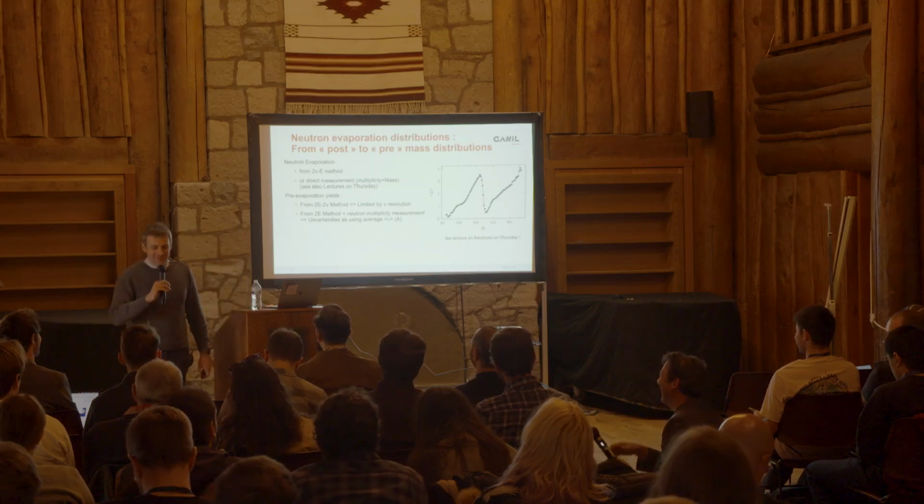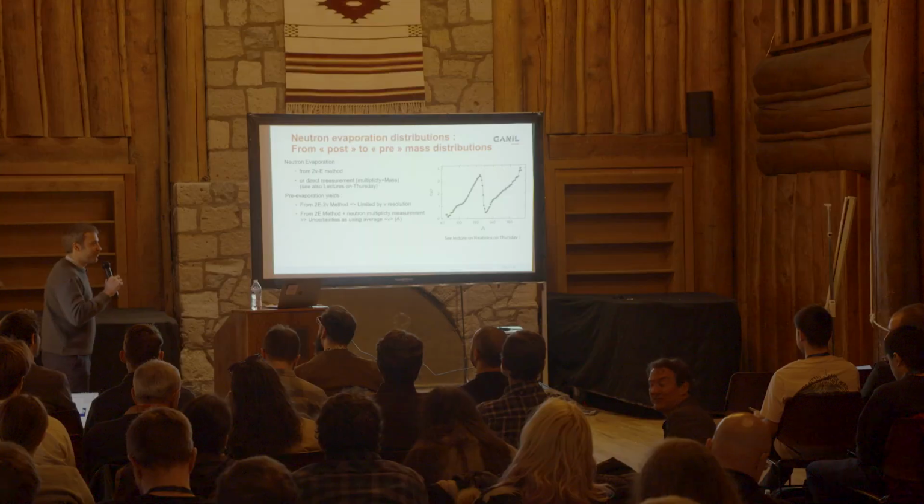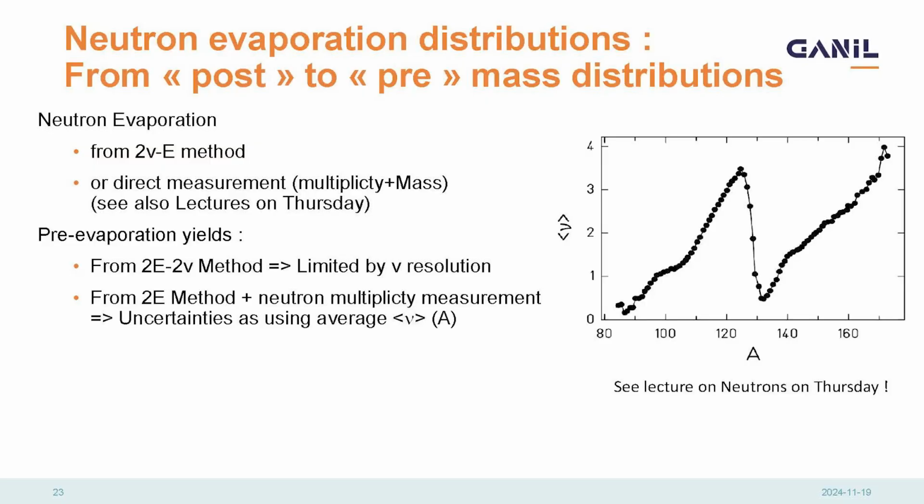No, so let me clarify this. The evaporation time scale is 10 to the minus 21 seconds or something like that. So of course it is non-separable in direct measurements, but we can do it by indirect measurements. Now, what is the interest of this?